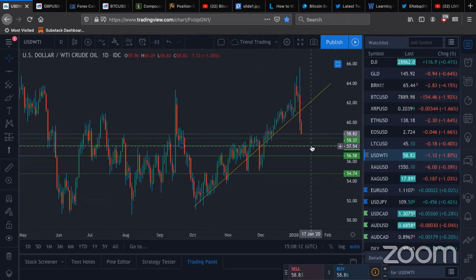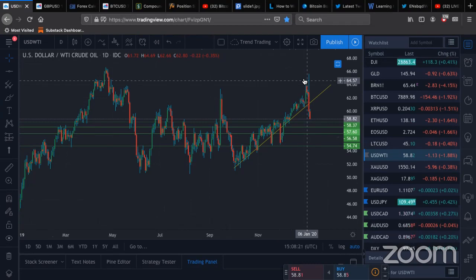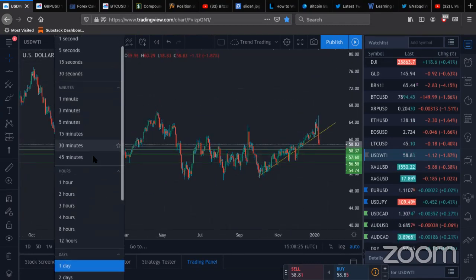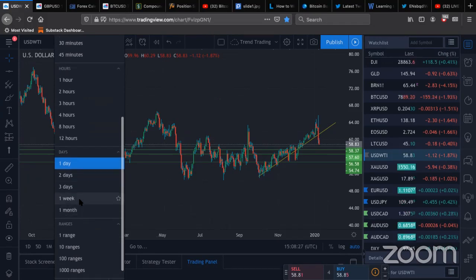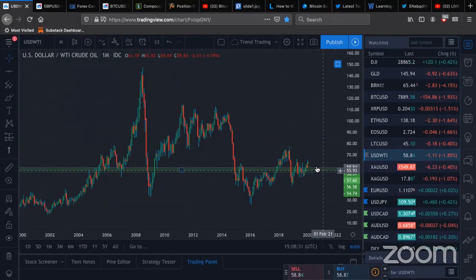Could this be the trade? Could this over here be the high that we see? This is kind of just a thought experiment right now, and look at this.